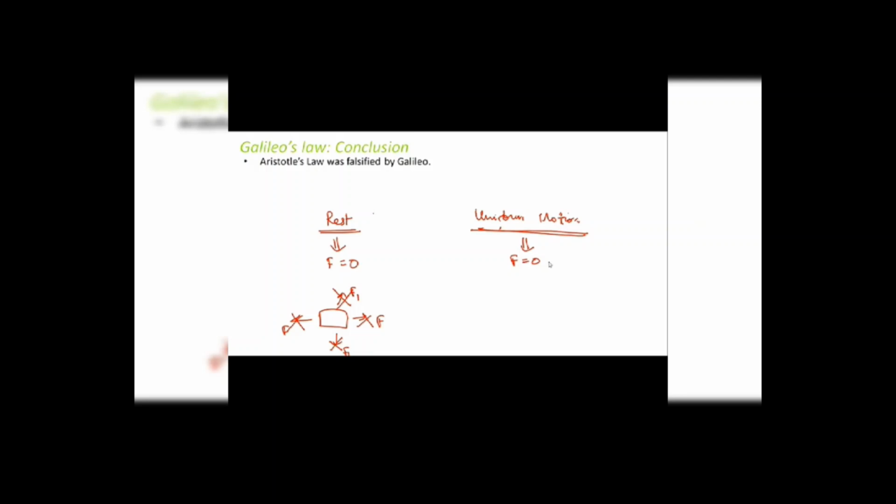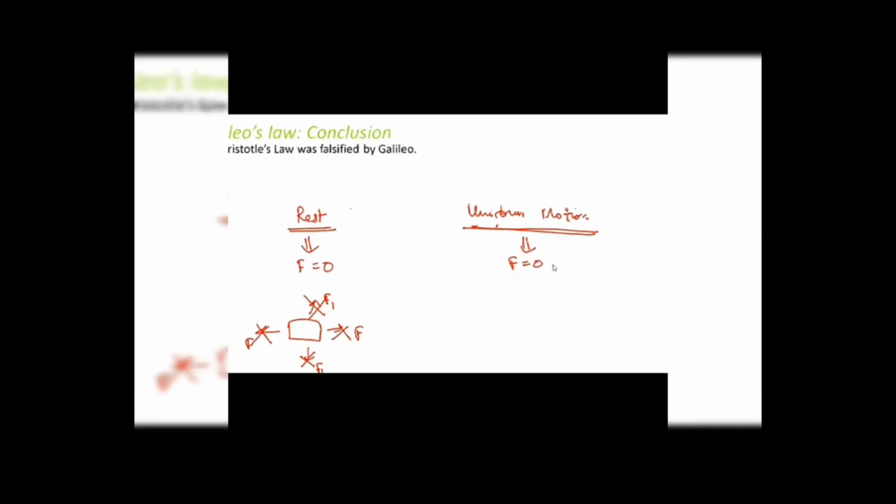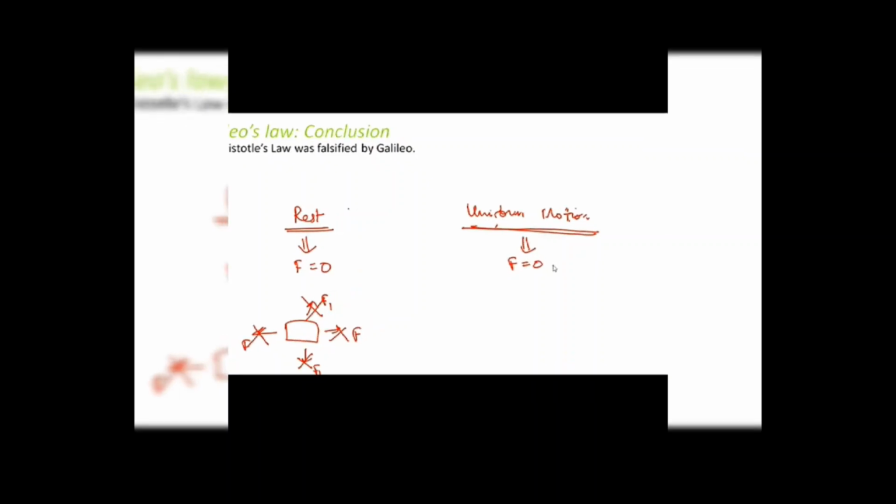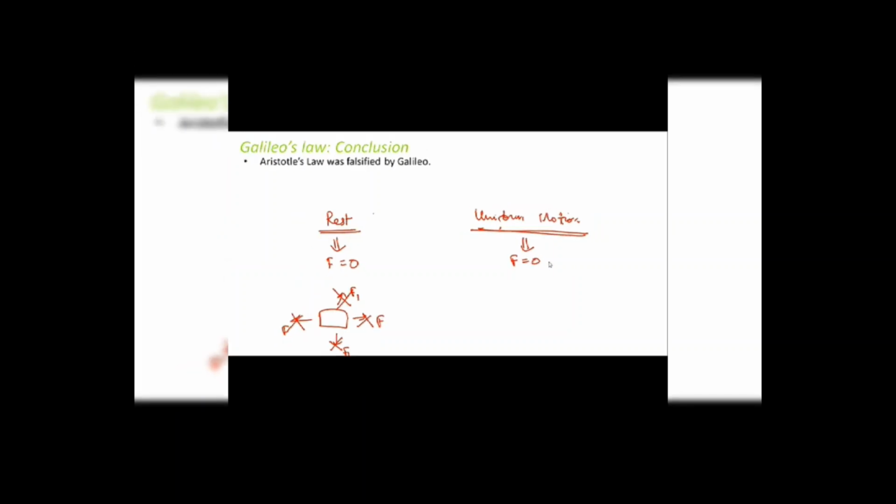Initially, there were many scientists who wanted to know about motion and the cause of motion. Many of them were doing studies and research on it. Initially, their focus was completely on uniform motion, on what happens during uniform motion. So Galileo said that Aristotle was incorrect. He corrected Aristotle's law, and then he said that a body at rest is considered equivalent to a body in uniform motion.